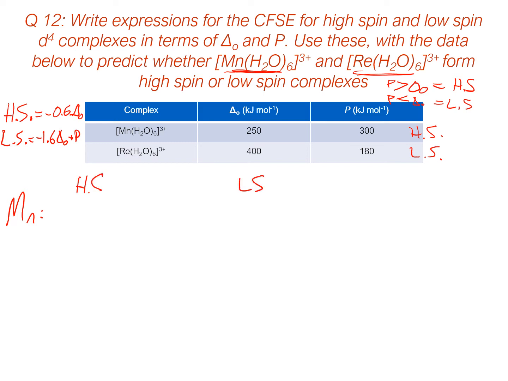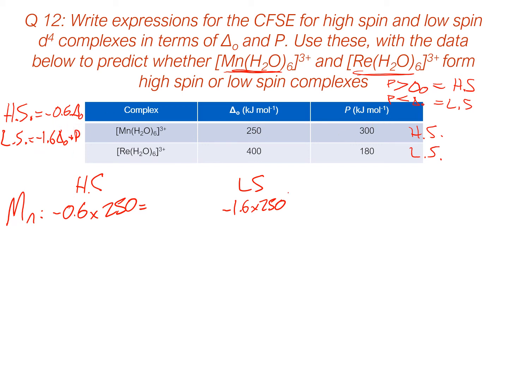So manganese, for the high spin complex, we've got minus 0.6 times 250, and that will give us a crystal field stabilization energy. And if it was to be low spin, it would be minus 1.6 times 250, because remember we've got minus 1.6 of the delta O, and then we've got to add the pairing energy because we're putting some electrons together.